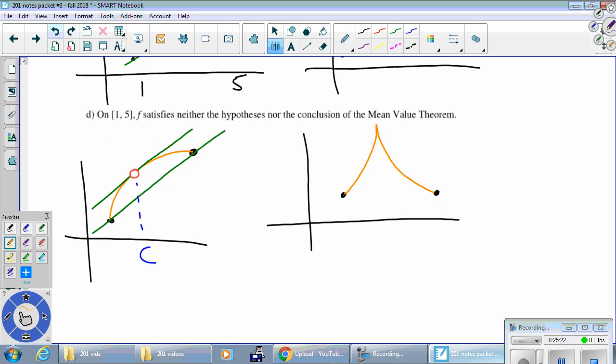And so not satisfying the hypotheses because it's got a corner. But there's my secant line. Are there any horizontal tangent lines any place in this graph? And the answer is no, there are no horizontal tangent lines. So it doesn't satisfy the hypotheses or the conclusion. Again, lots of possible right answers there. Ask somebody to check yours.